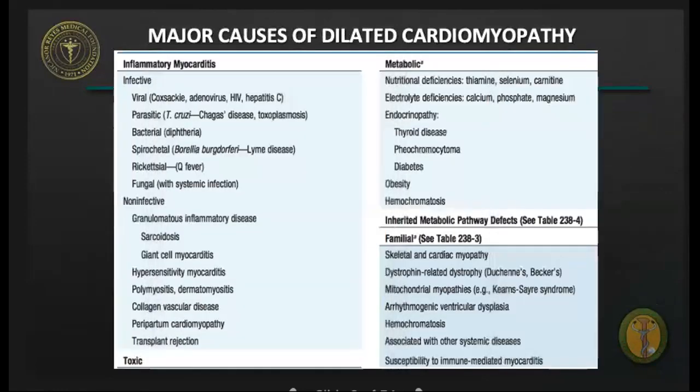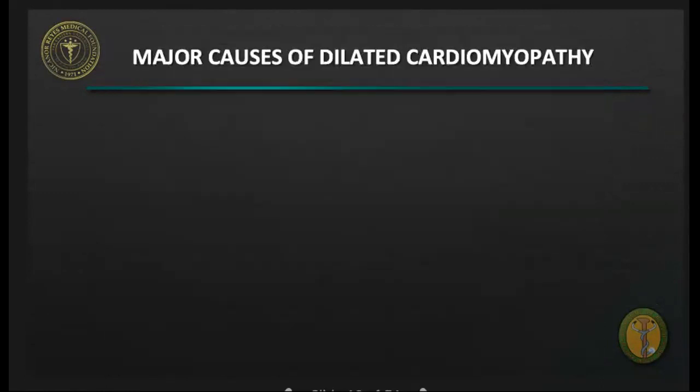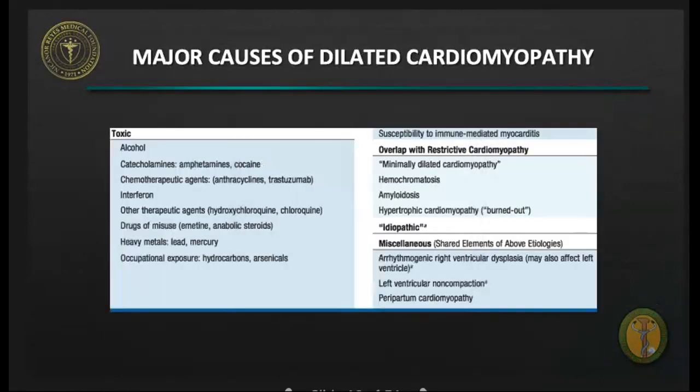This table summarizes the causes of dilated cardiomyopathy, which is divided mainly into infectious causes and non-infectious causes, toxic agents, metabolic and genetic diseases. Toxic agents like alcohol, catecholamines like amphetamines and cocaine, and the use of chemotherapeutic agents can lead to the development of dilated cardiomyopathy.